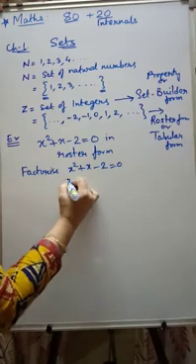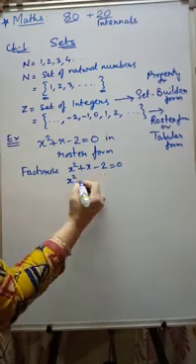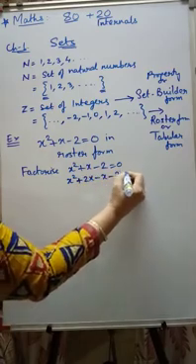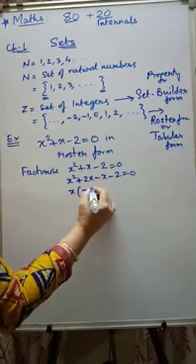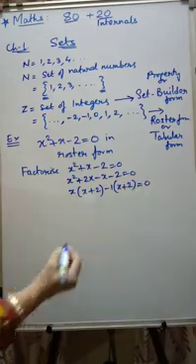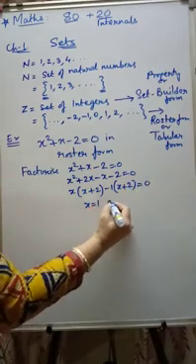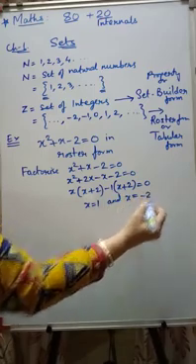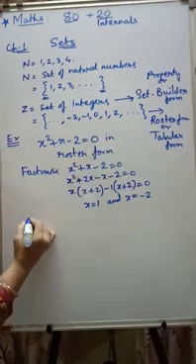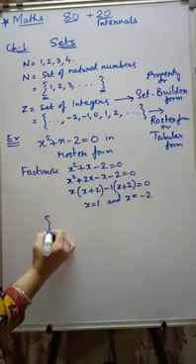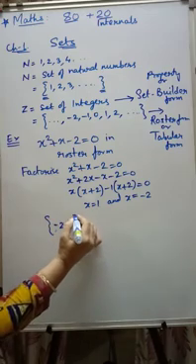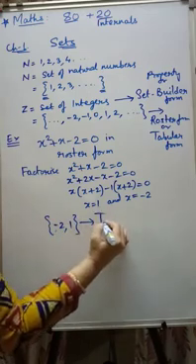Since it is -2 and the middle term is plus, this is x squared plus 2x minus x minus 2 is equal to 0. Taking x common, you get x plus 2, and taking minus 1 common, you get x plus 2 is equal to 0. So you get two values, x equals 1 and x equals -2. In tabular form, the solution is -2 comma 1. This is tabular form.